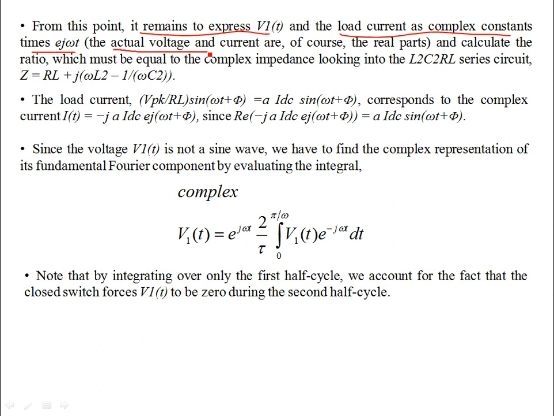Now, since the actual voltage and the current are of course the real parts, if you calculate the ratio, V1t over the load current, that gives you Z. Basically, this is equal to V1t over the load current IRLt. Isn't that right? Because if you look at the circuit, this ratio must be equal to the complex impedance looking into the L2 C2 RL series circuit.